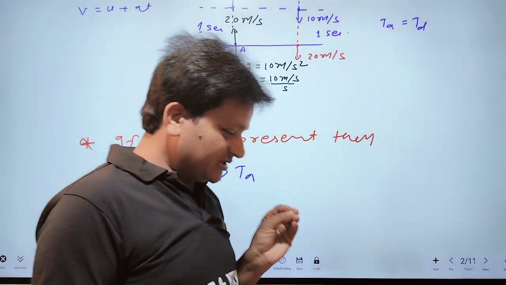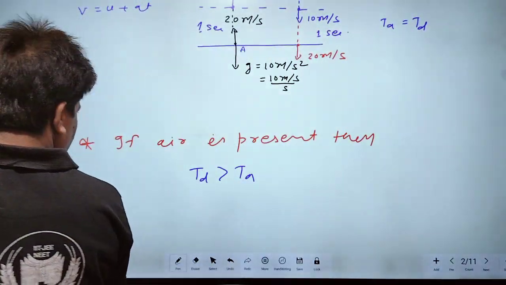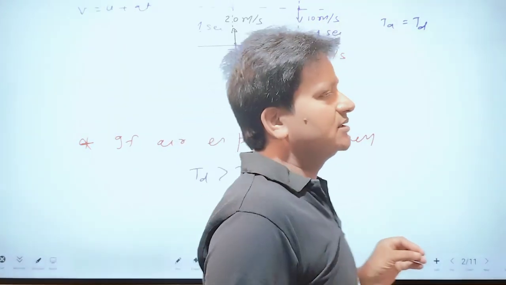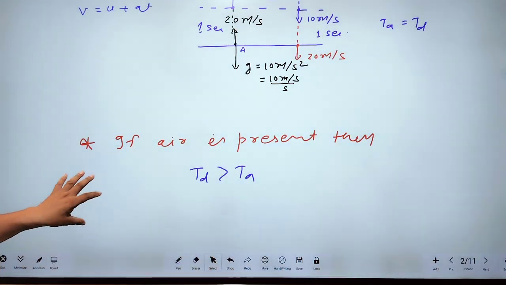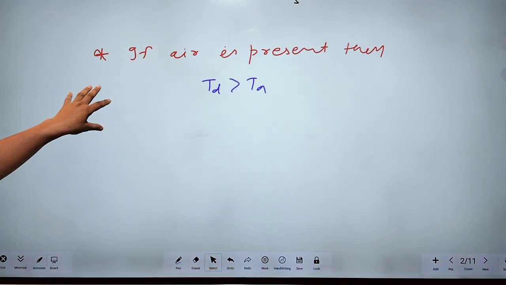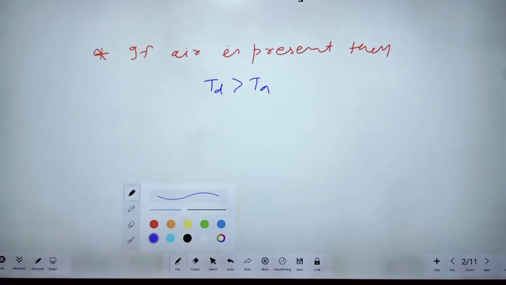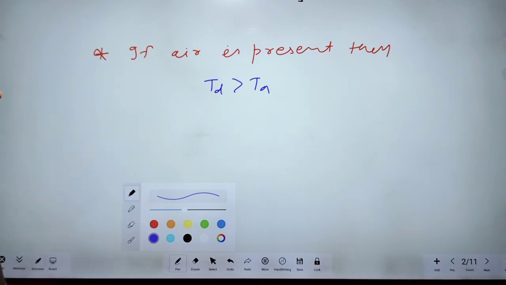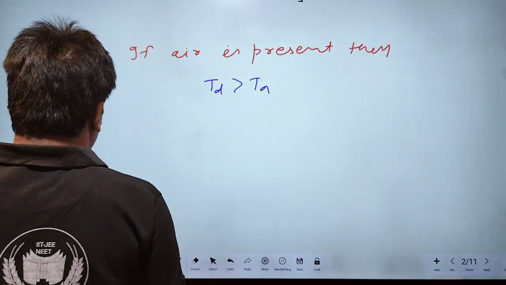This type of question can also be asked in your examination, such as NEET or IIT. Therefore, you should remember this concept also. If air is present, then time of descent is greater than time of ascent. Why?